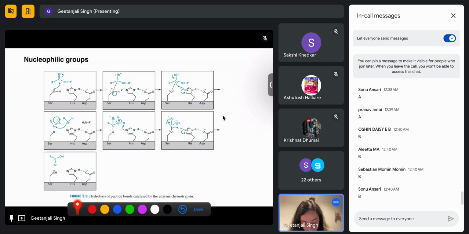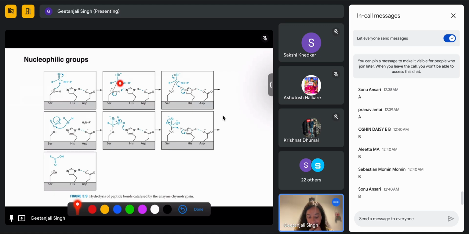So let's see. The aspartate is holding that histidine together, and the lone pair from this nitrogen is ready to attack this H, acting as a base and extracting this H. Now, after forming that tetrahedral intermediate, it wants to neutralize the positive charge on its own.